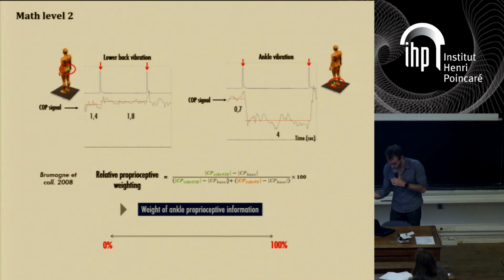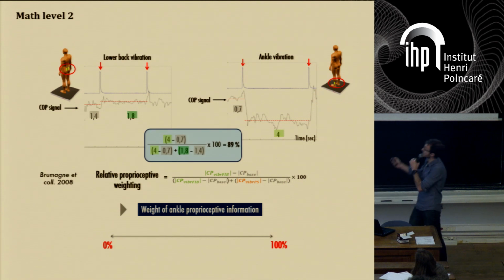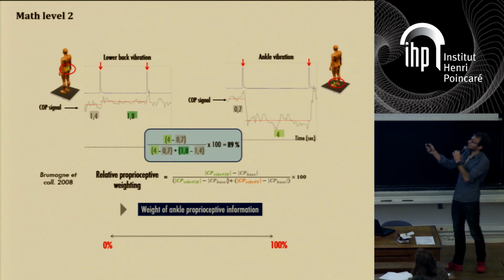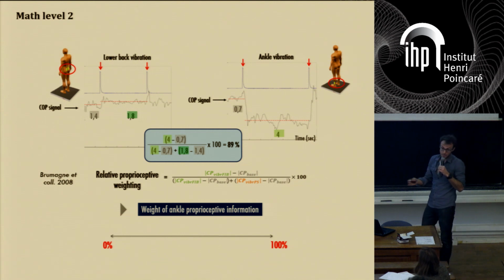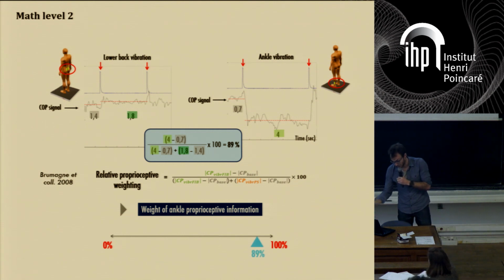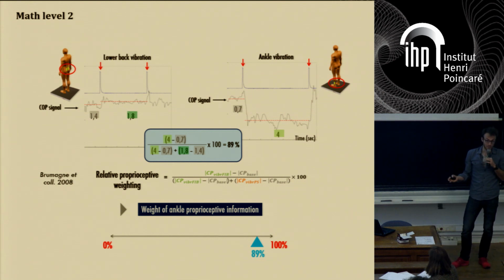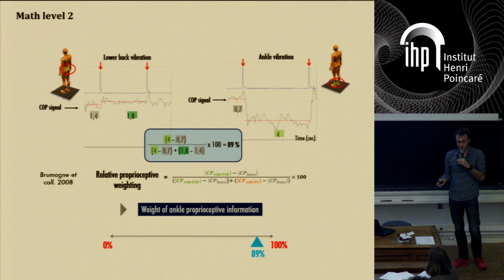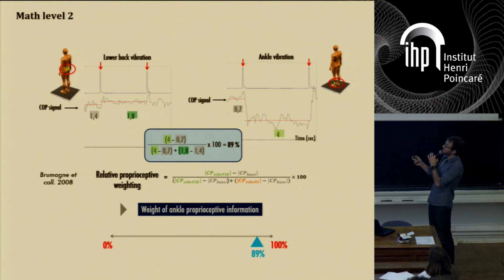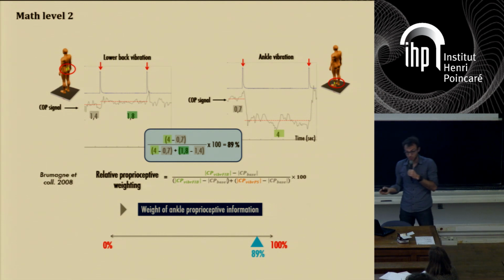For this example, we do the calculation and have an 89% relative proprioceptive weighting, meaning that this particular runner is using very much his ankle information to control his standing posture. Pretty simple mathematics as well to calculate those parameters.